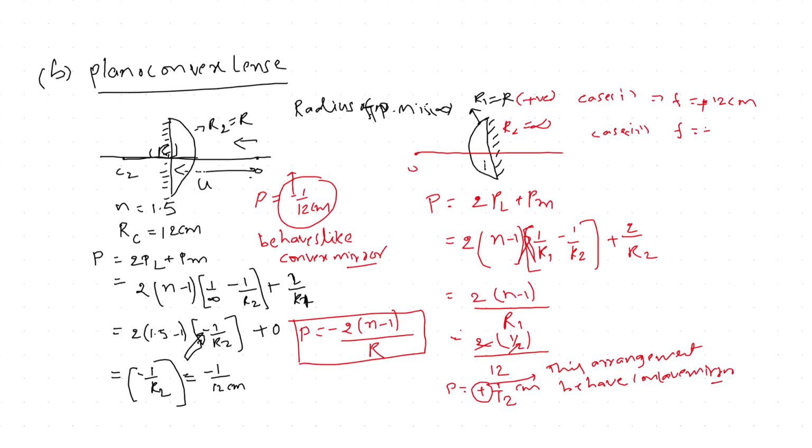You have to remember this case. While solving problems, in the second case, given the object distance to find the image distance, you have to substitute the focal length as plus 12 centimeter here, and minus 12 centimeter there, right? So I'll come with one example.